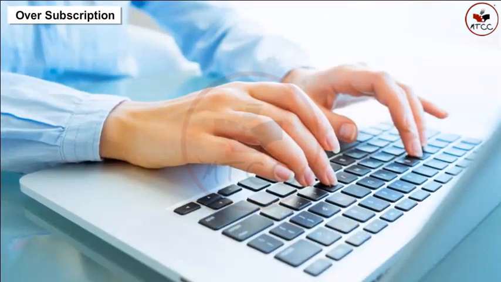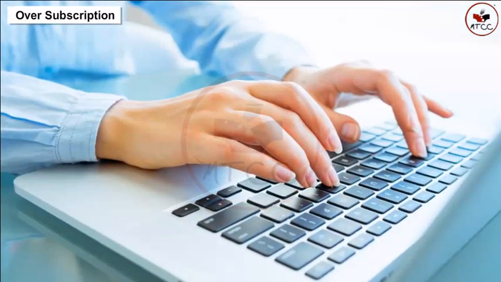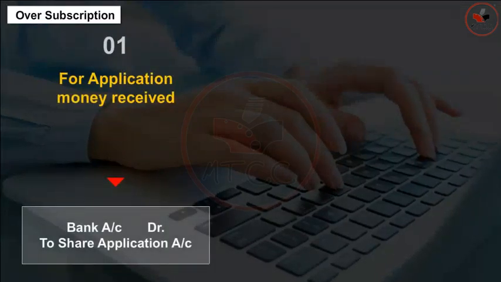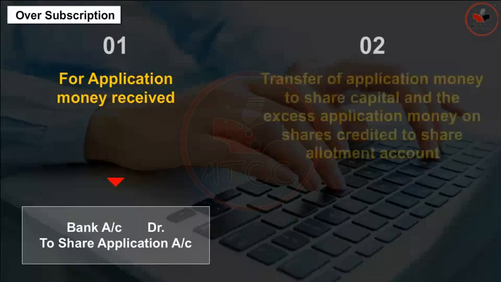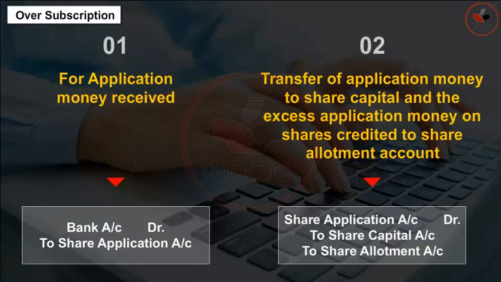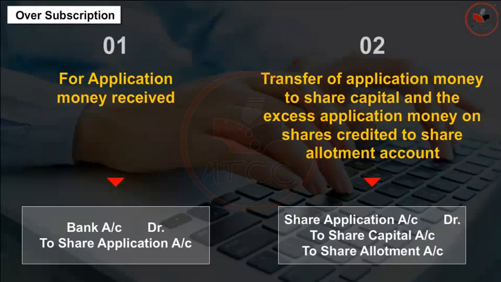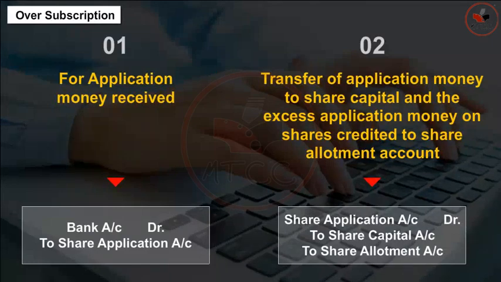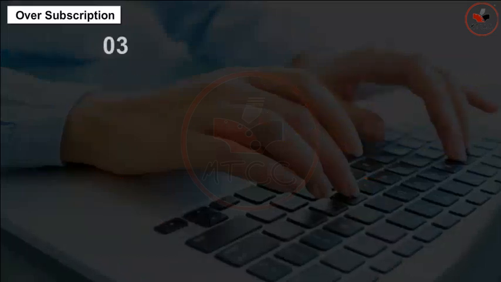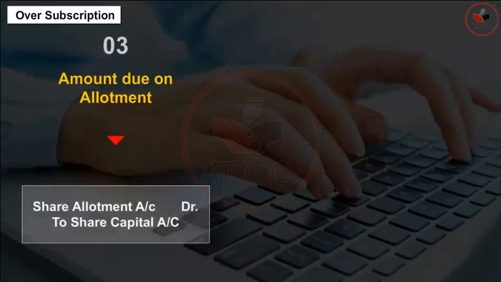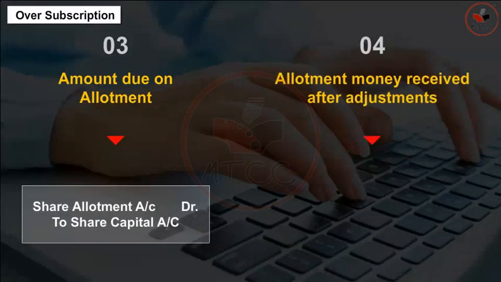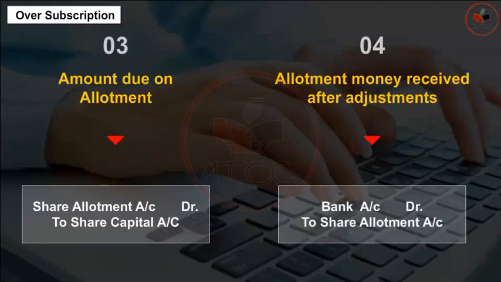The journal entries in this case would be: 1. For application money received. 2. Transfer of application money to share capital and the excess application money on shares credited to share allotment account. 3. Amount due on allotment. 4. Allotment money received after adjustments.